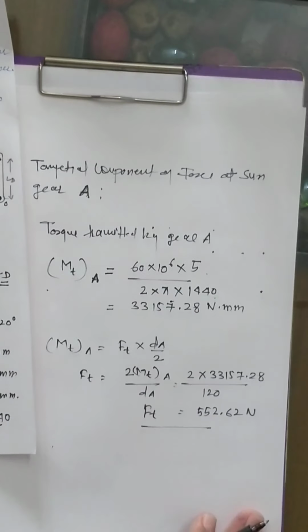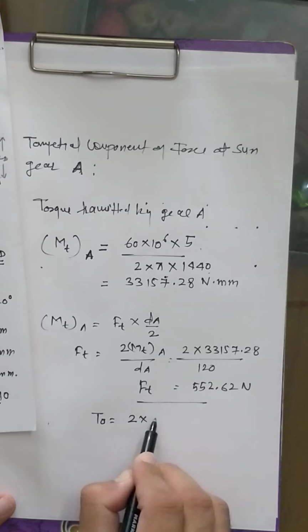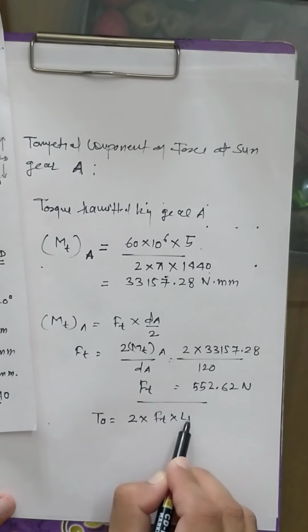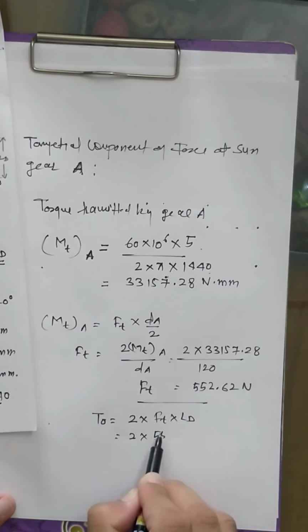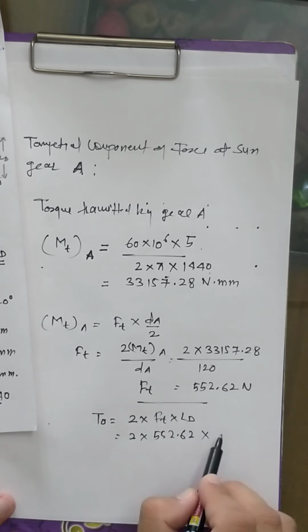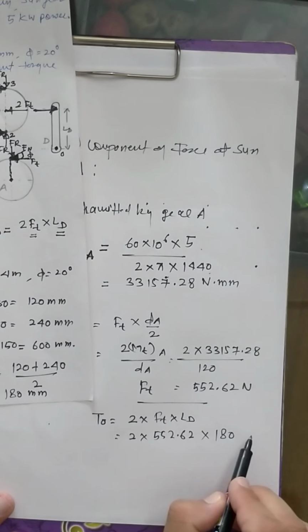So torque at point O is 2 Ft into LD, 2 multiplied by 552.62 Newton and 180 mm.